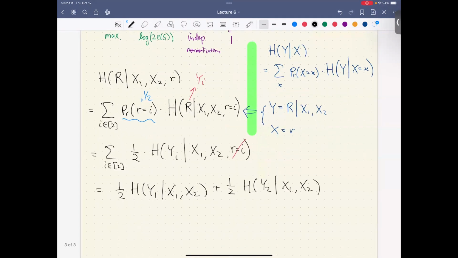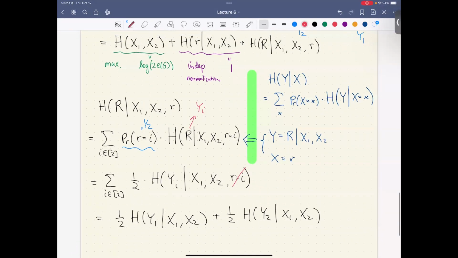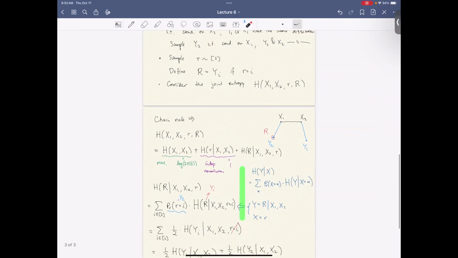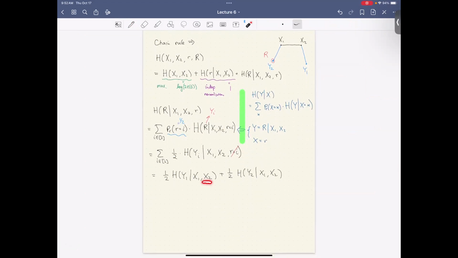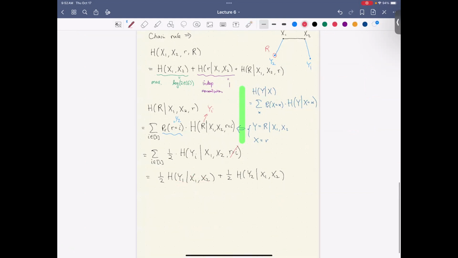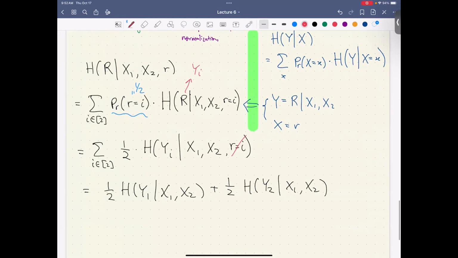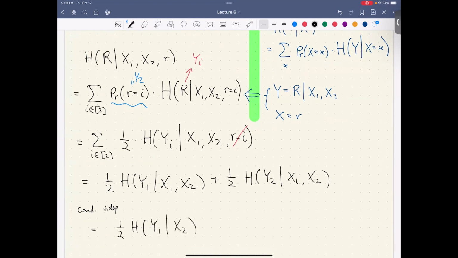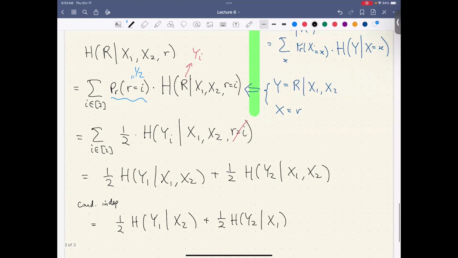As I said, by independence, conditioning on x2, y1 and x1 are independent. That means we can drop this guy. This is conditional independence. So we get 1/2 H of y1 given x2 plus 1/2 H of y2 given x1.